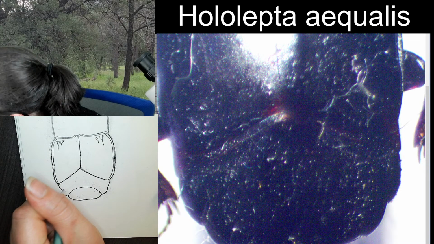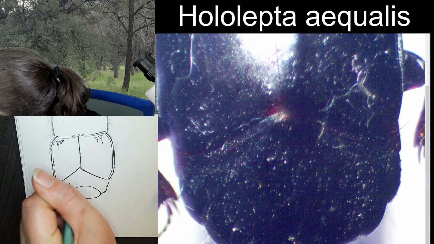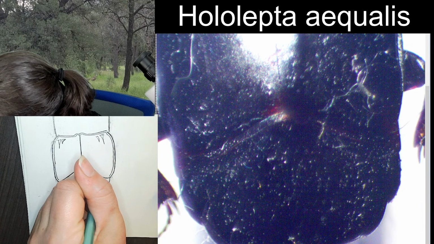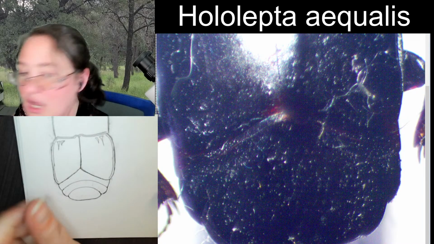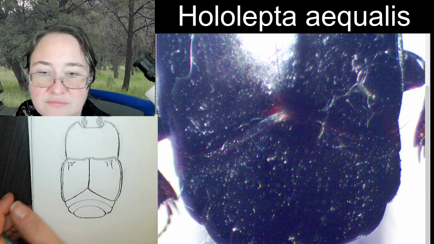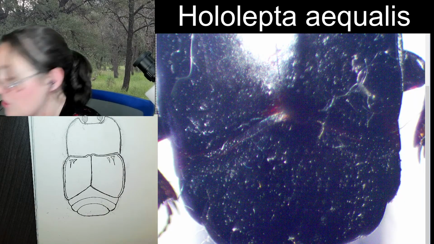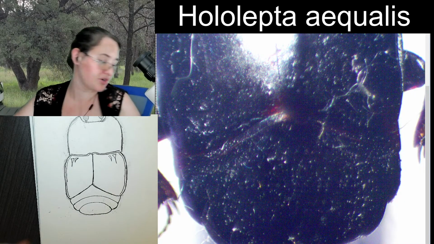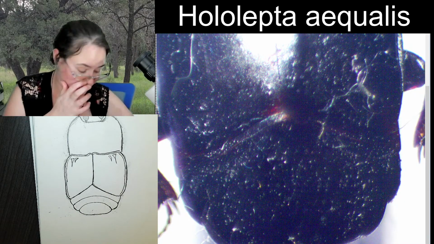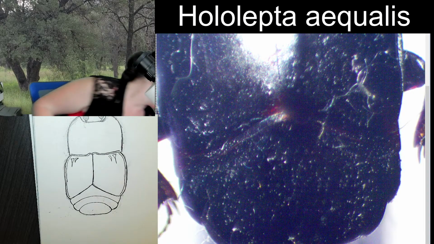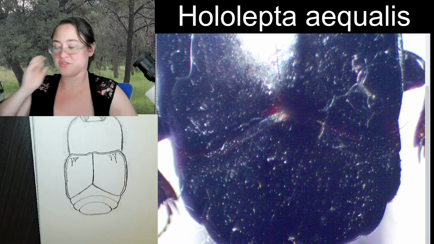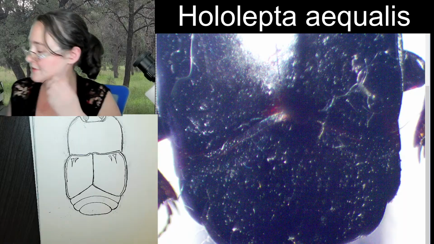And so then the next segment comes up and goes down. So you have three visible tergites after the elytra end on this beetle.